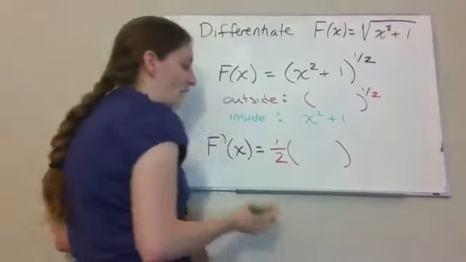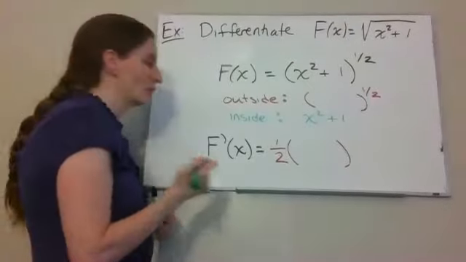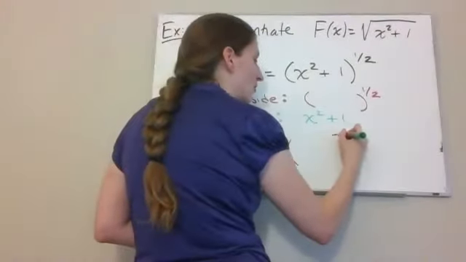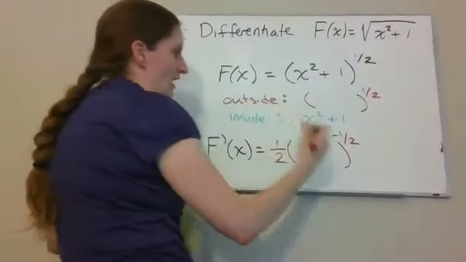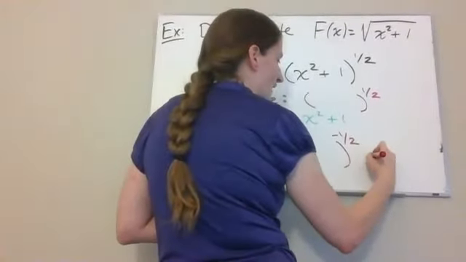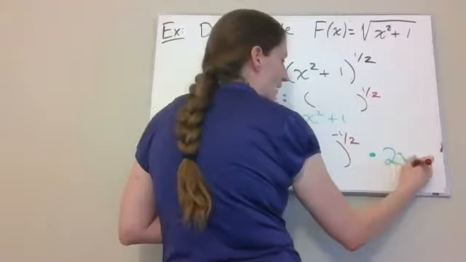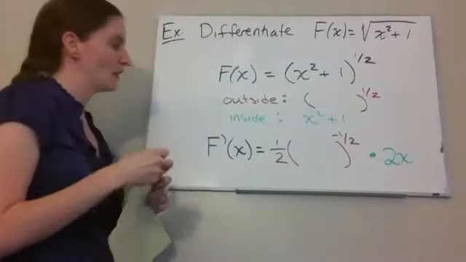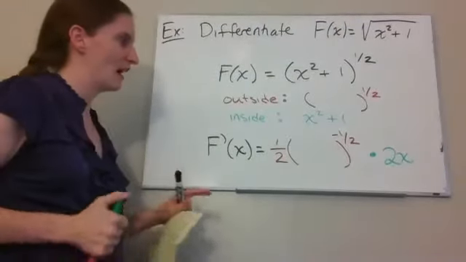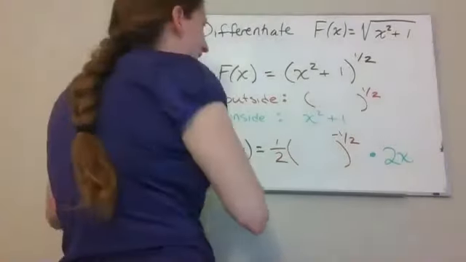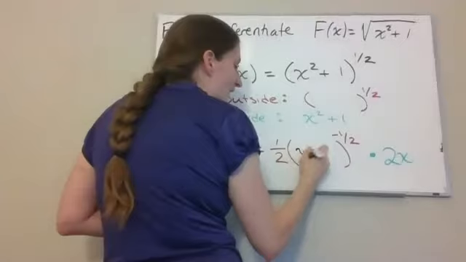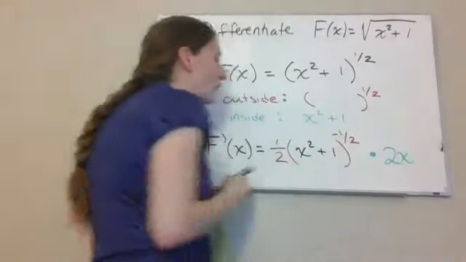I would still have whatever was there in parentheses, and my new power would be negative 1/2. And multiplying by the derivative of the inside function would be multiplying by 2x. So the only thing I'm missing right now is that I do need to have something in those parentheses. The something that's in those parentheses is exactly what was in the parentheses before.